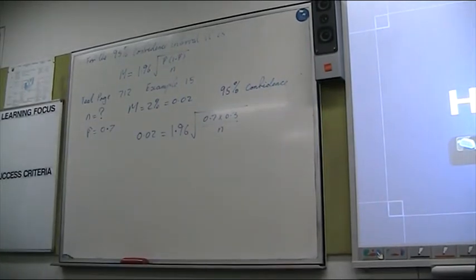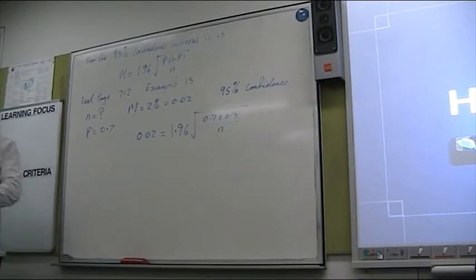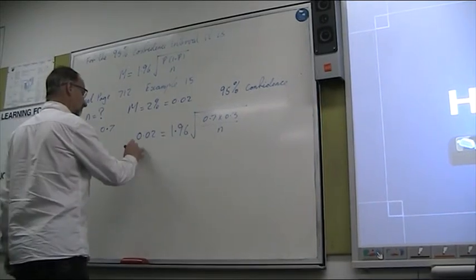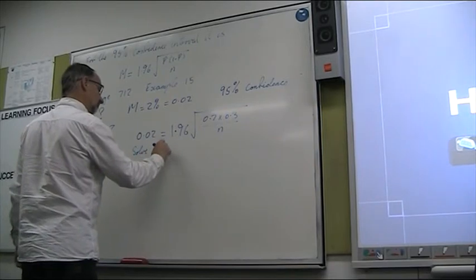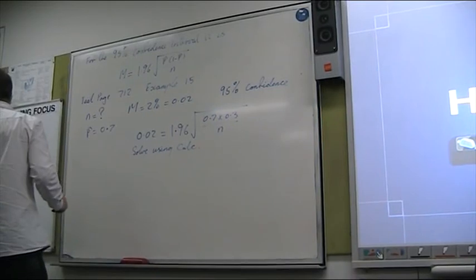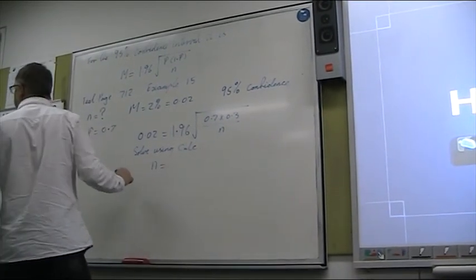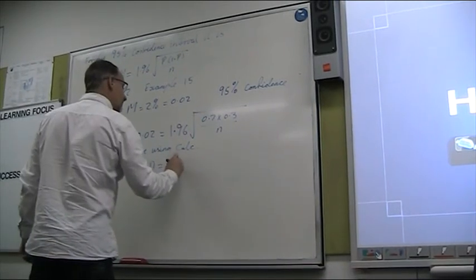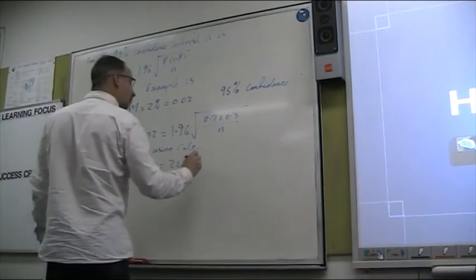Because we have our calculators, we would use solve in our calculator. And when you get your calculator to do that, you get that you need 2016.84 students.